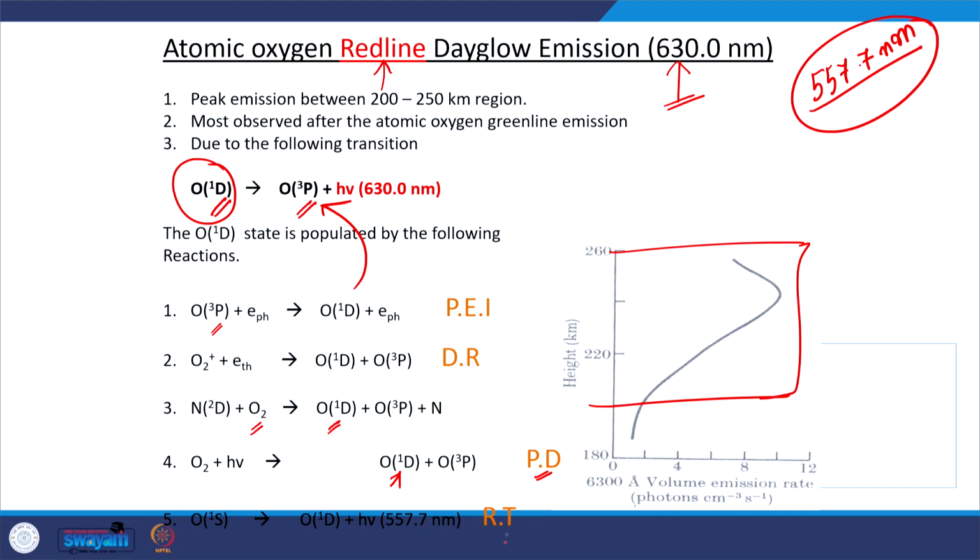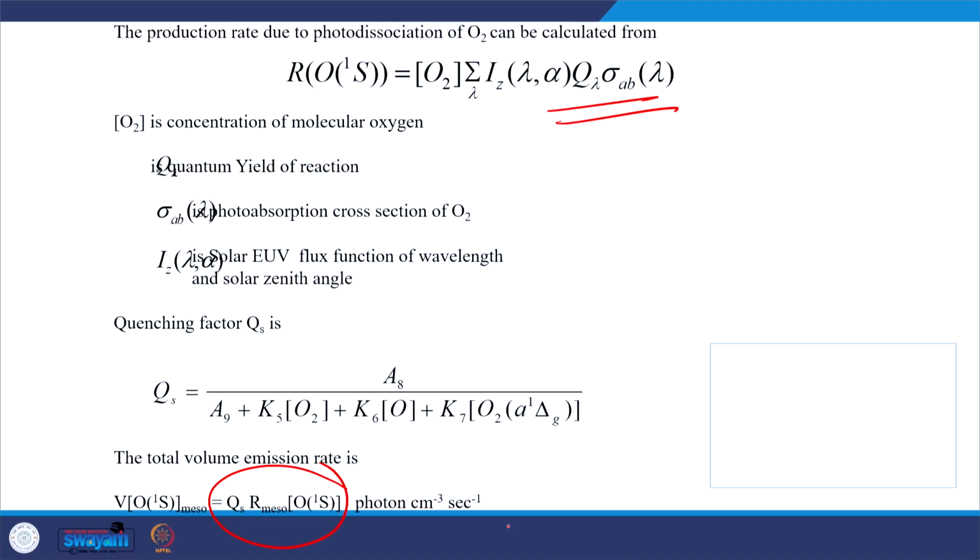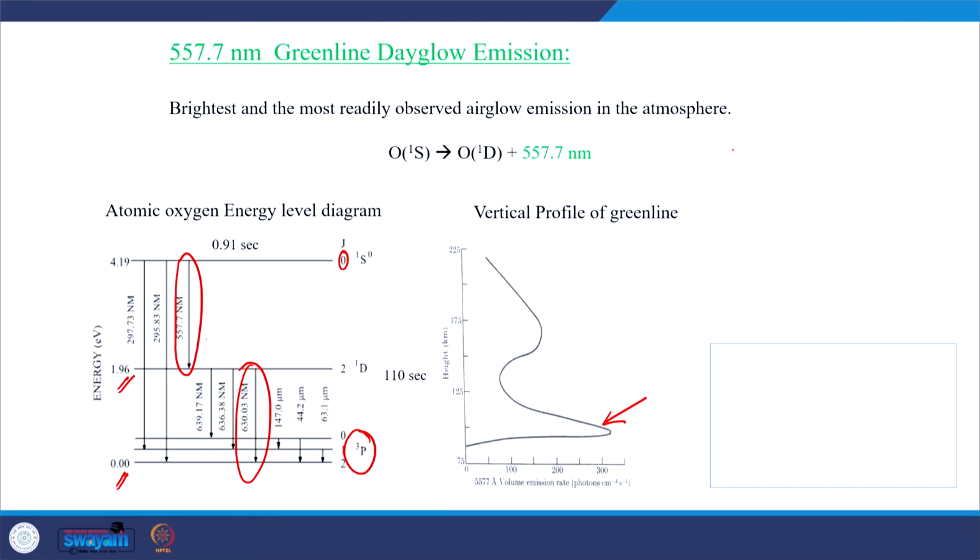And the radiative transfer, if you go back to this energy level diagram, all the de-excitations from singlet S to singlet D are of course producing this emission, but at the same time they are populating this state which is necessary for a transition at 630 nanometers. Right.